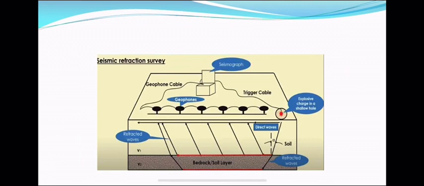Instead of measuring two waves, the receiver will measure the travel time of the first wave, the wave that reaches the receiver first. We call that the first arrival time of the wave. It can be the direct wave or the reflected wave.